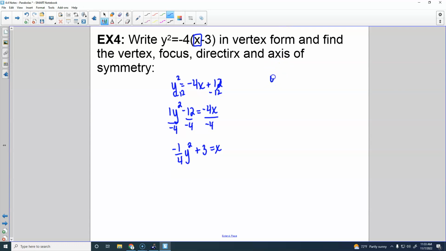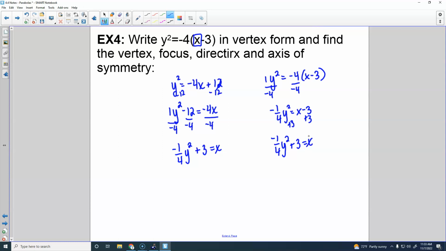I'm just going to show you the other way just so you see it as an option. It might be a little bit easier actually. If you divide by negative 4 first, you get negative 1/4 y squared equals x minus 3. And then you just add the 3 there, so you've got negative 1/4 y squared plus 3 equals x. So that's another way you could do it.